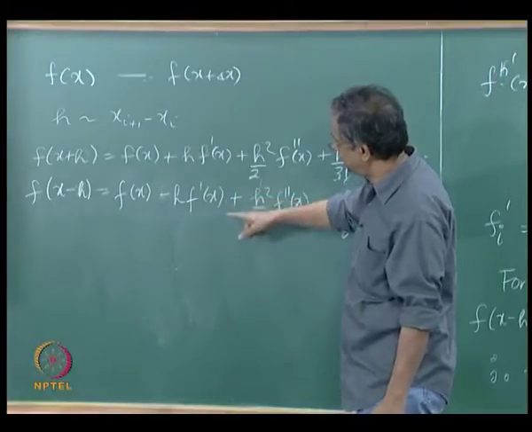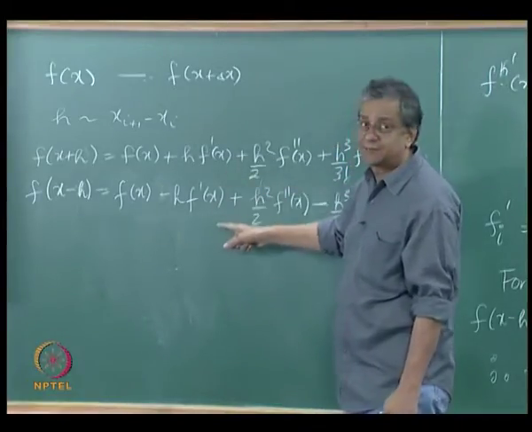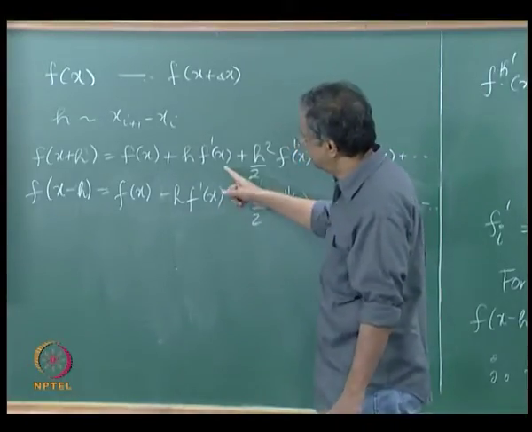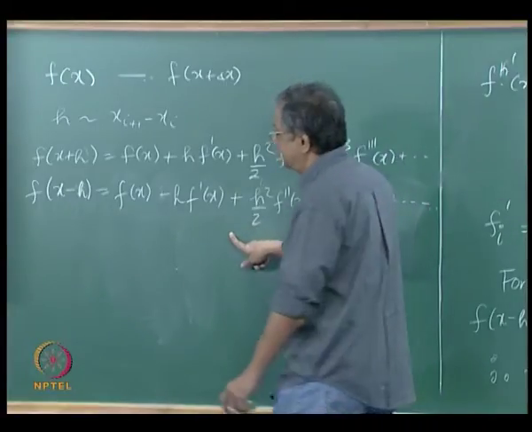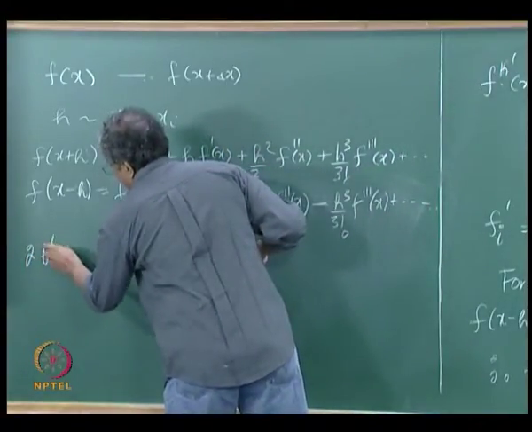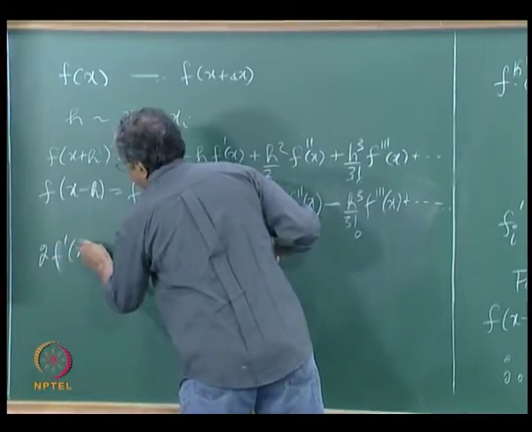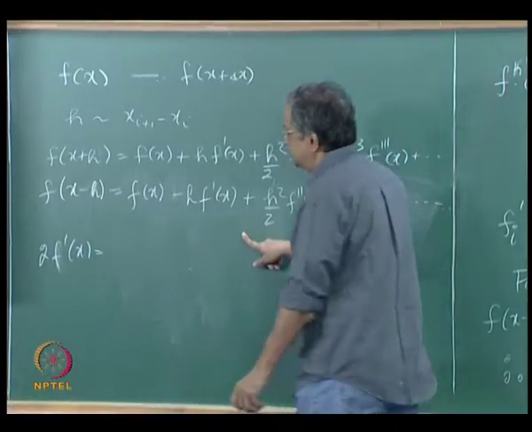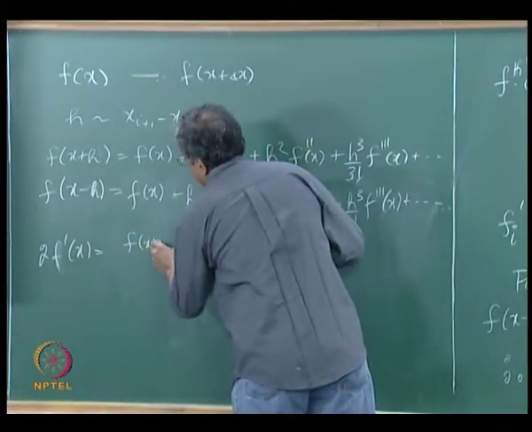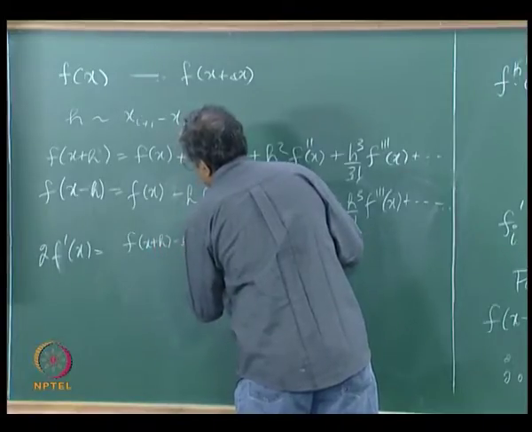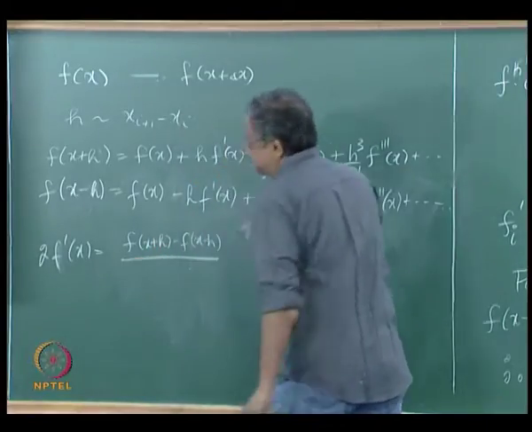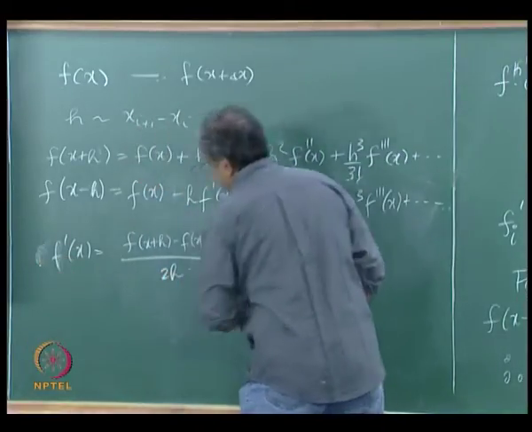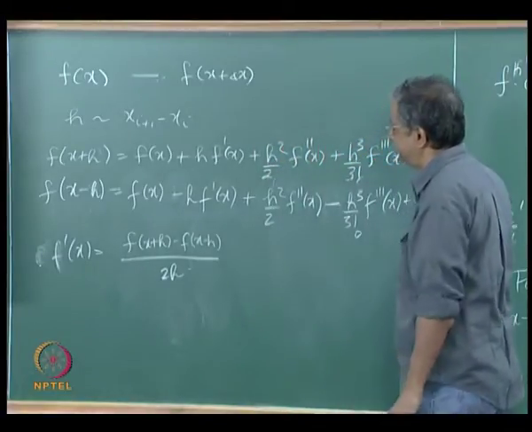What do I want from these two equations? I want to get f prime of x, that is my objective. I want to solve for f prime of x. So which means that from the first equation, if I subtract the second equation, I will get 2 f prime of x is f of x plus h minus f of x minus h divided by... well, so I am dividing through by 2h.